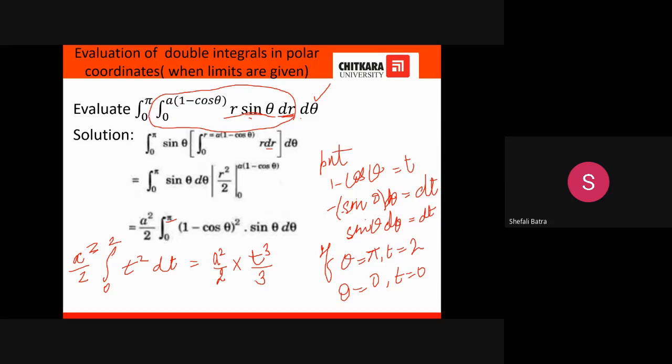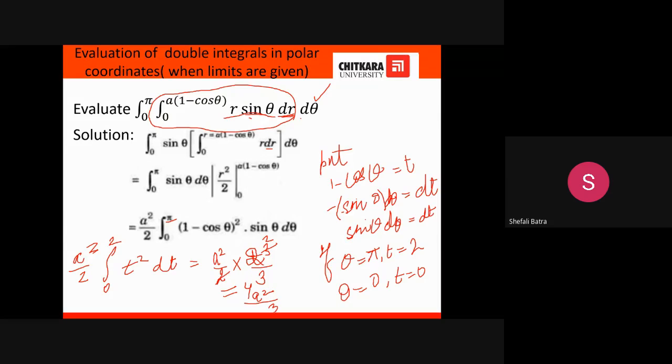Then you are putting the limit 2. So I'm putting 2 in the place of t. It would become 2 cube, so it will cancel out. So I think you'll be getting the answer 4a square by 3.